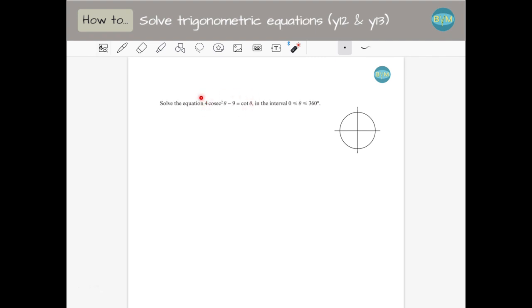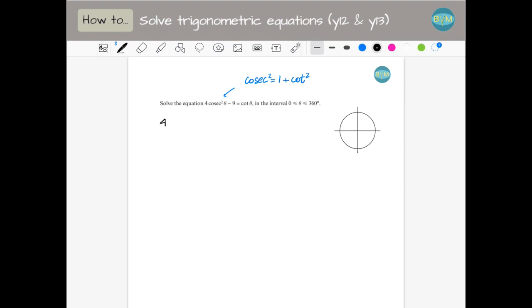Another one, in this one, you have a mix of something square and something not square. So we need to substitute one in terms of the other. Remember, we have one identity with cosec and cot. That is this one. So I'm going to use that one because that way I have cot square here and cot here, and I will have a quadratic equation and it will be fine.